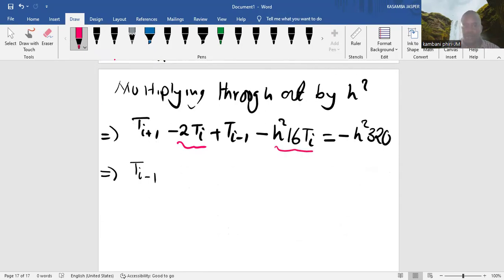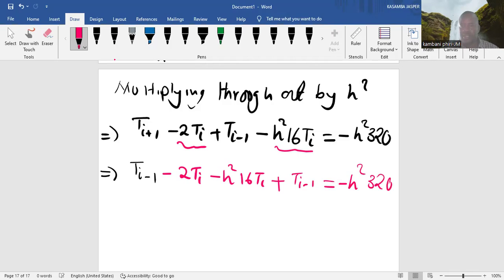So you're going to have minus 2ti minus h squared 16ti plus ti minus 1 is equal to negative h squared 320.